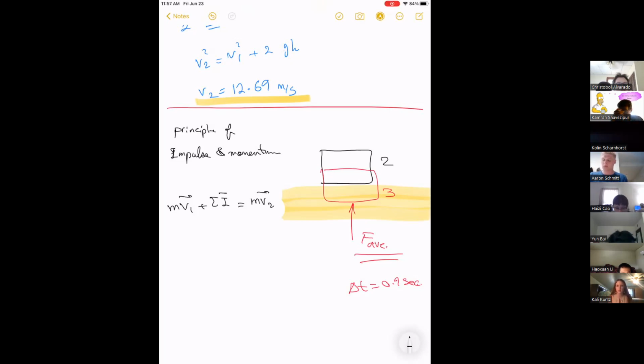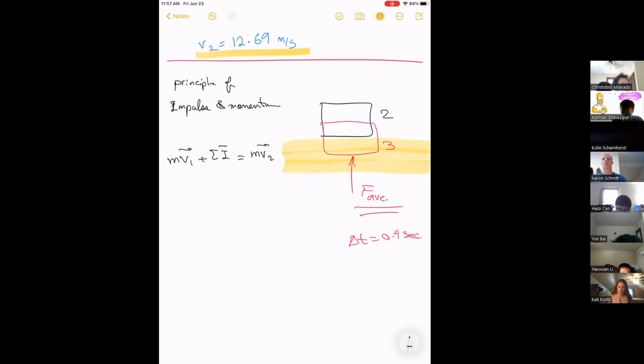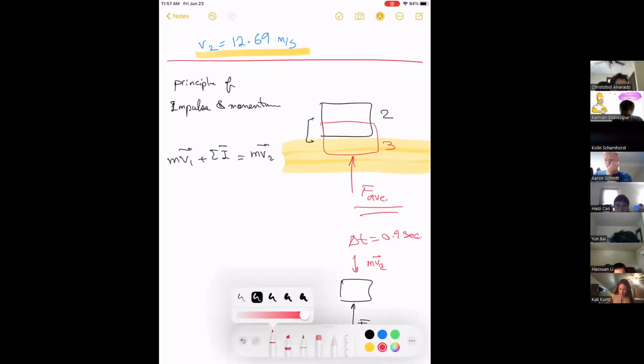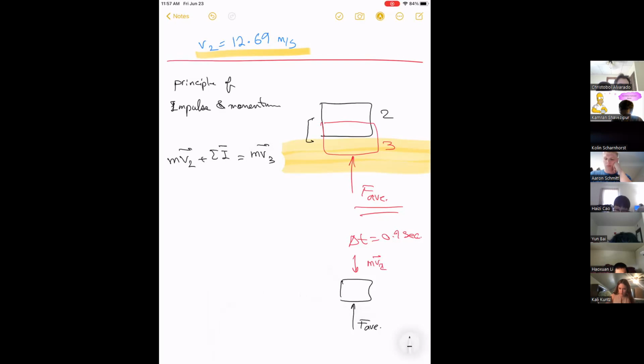Now, this may or may not be the case. We're going to examine that, but the problem says neglect it. So if I do a free body diagram from point 2 to point 3, the free body diagram is technically F average. You're going to have an initial momentum of mv2 going down. Let's just make it 2 and 3, because it's between position 2 and 3. How much is v3?